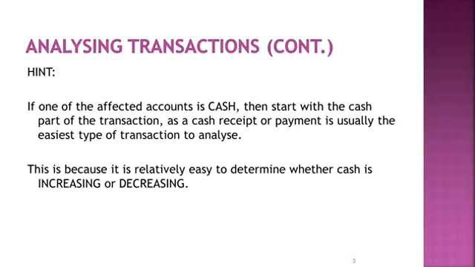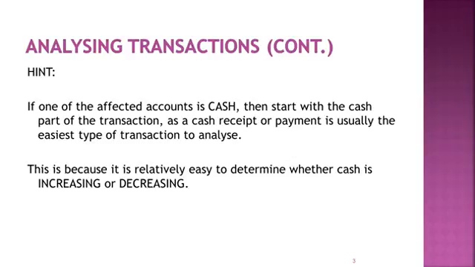Sorry, before we get to the examples, I'll give you a hint. If one of the accounts that are affected is cash, then it's usually easier to start with the cash part of it, because we know from our own cash what happens when cash increases or decreases. So if we receive cash, it means cash is increasing. If we pay cash, it means the cash is decreasing.